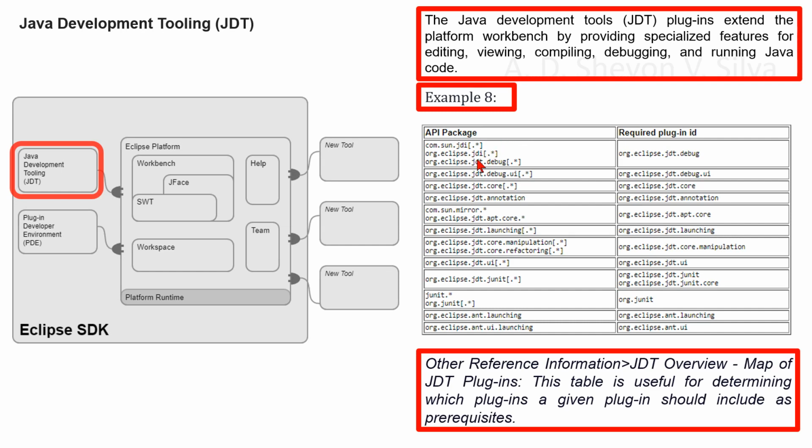Here you can see com.sun.jdi and org.eclipse.jdi, org.eclipse.jdt.debug, and the required plugin ID is org.eclipse.jdt.debug. Here org.eclipse.jdt.debug.ui, the required plugin is org.eclipse.jdt.debug.ui.